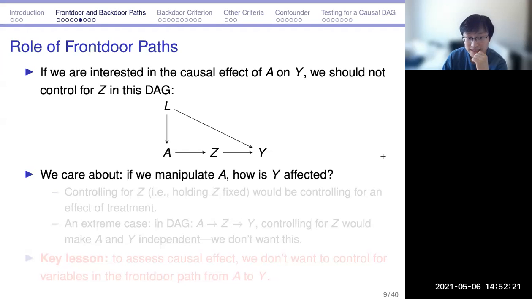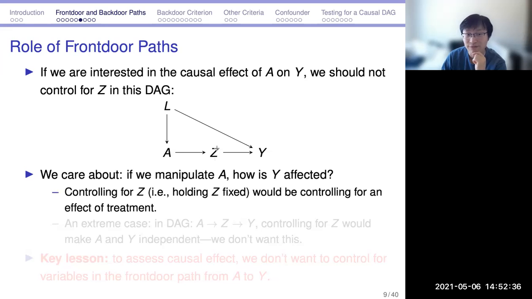The reason is that we care about, if we manipulate A, how is Y affected? That's the notion of a causal relationship. So if we condition on Z by holding Z fixed, then we would be controlling for an effect of treatment. And that's something we don't want to do.